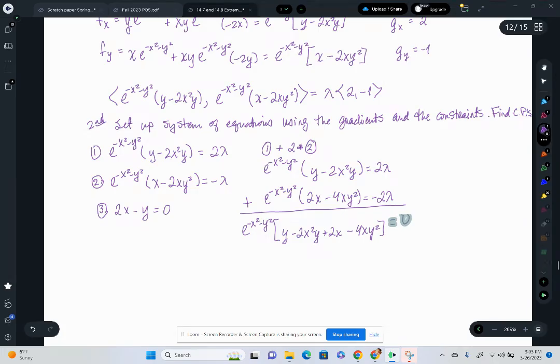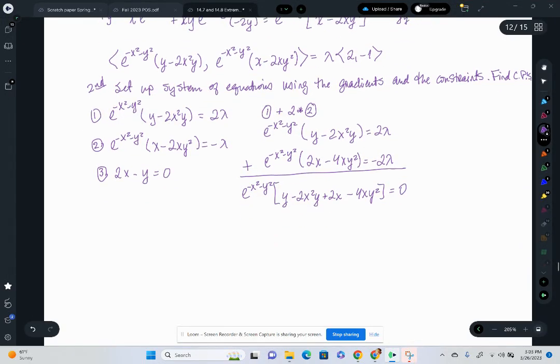And all of that is equal to my 0. Okay, so the cool thing is that I can see I've got a zero product property. This actually is factored. The exponential function is never equal to 0. So that means it must be the polynomial inside that is equal to 0. So I get y minus 2x squared y plus 2x minus 4xy squared is equal to 0.